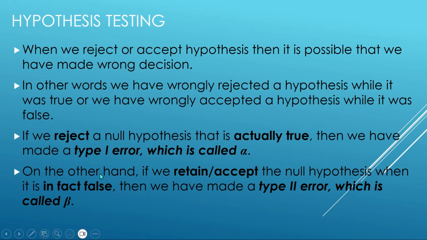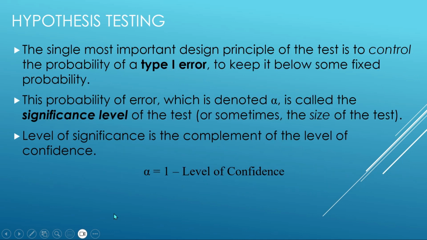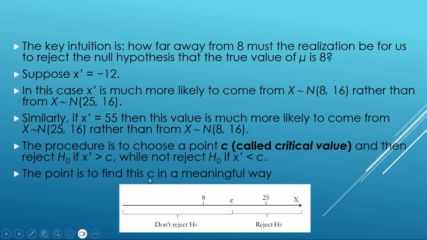On the other hand, if we accept the null hypothesis when it is in fact false, then we have made a type 2 error, which is called beta. The point is to find this C in a meaningful way.